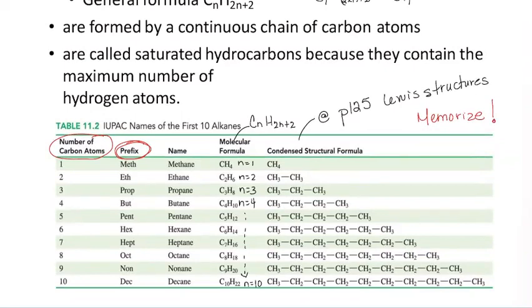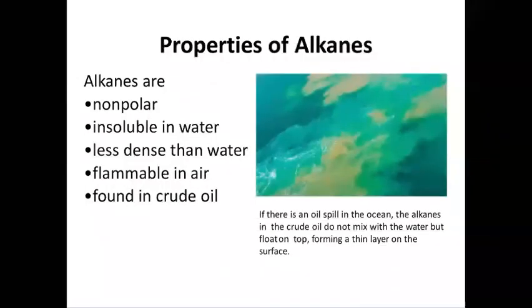Now, why are alkanes around us? Well, alkanes are actually nonpolar molecules that we can find in crude oil, okay? So for those of you that drive cars that you have to put gasoline in, think about it.